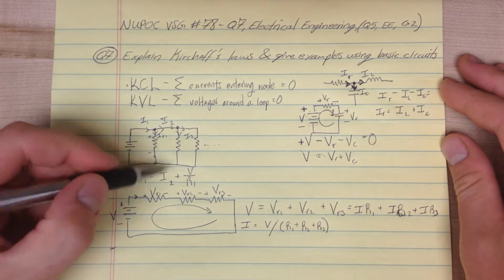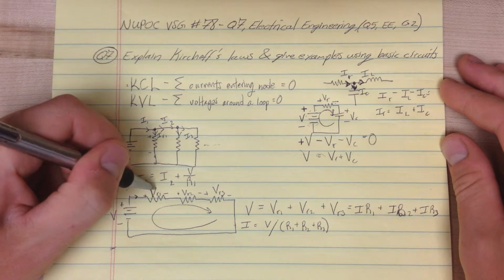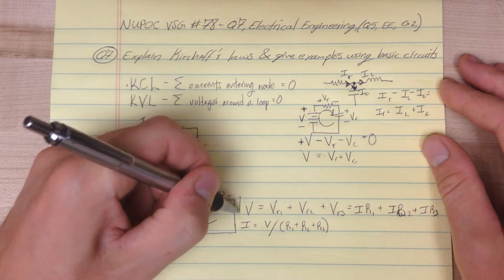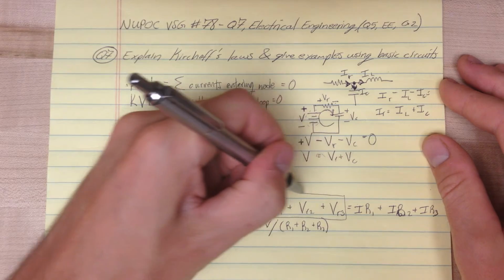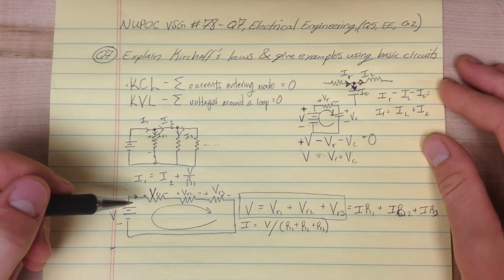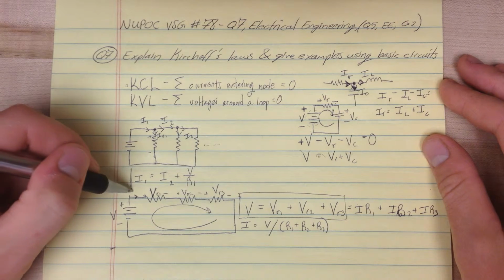And if I want to find maybe VR1 or something like that, we could go ahead and do that. But this is the equation that we are getting from KVL. And again, it makes more sense to use KVL when we have lots of things in series.